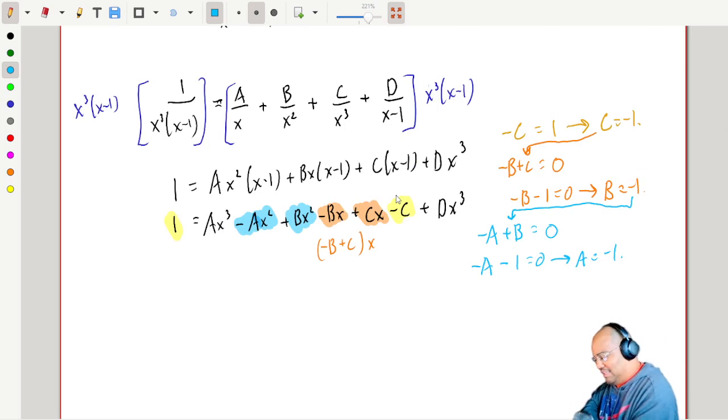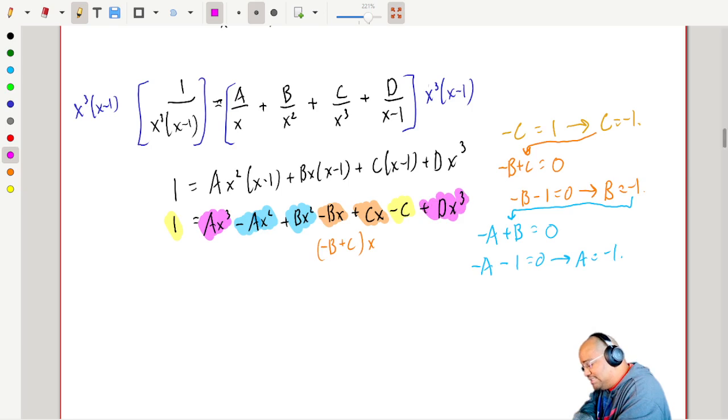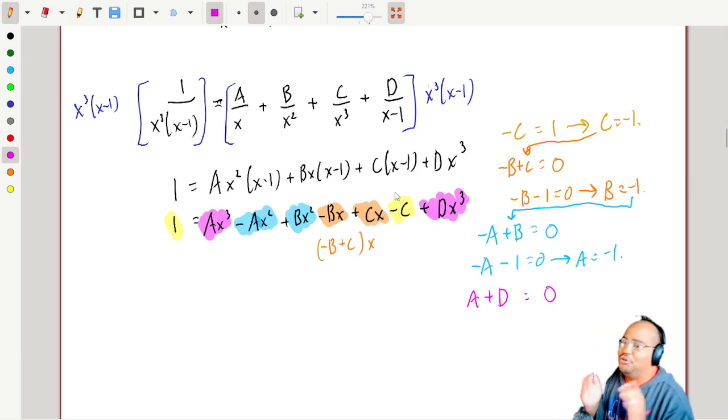Now let's go ahead and take a look at the last one. Again, there are no x cubed terms on the left. Let's do this in magenta. But on the right, a x cubed plus d x cubed. So that means that a plus d should be equal to 0, because there are no x cubed terms on the left.